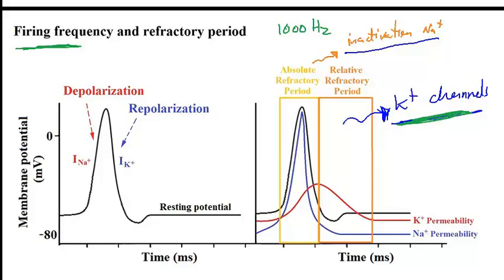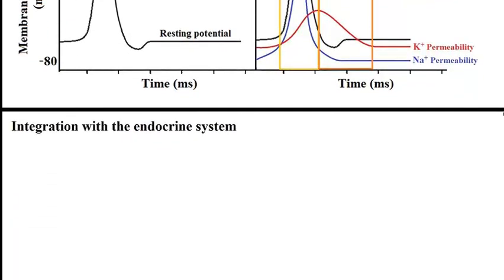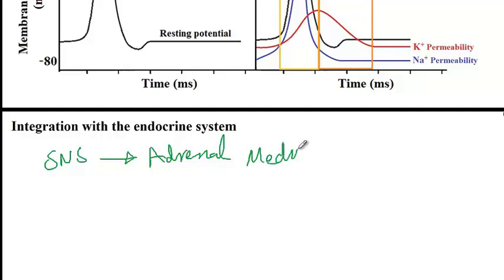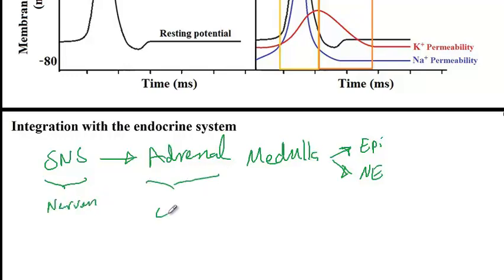And then the final concept I would like to discuss here with you is integration with the endocrine system. So we've already discussed how the sympathetic nervous system, for instance, will act on the adrenal medulla to induce the release of epinephrine and norepinephrine. And so here we have the nervous system integrated with the endocrine system.